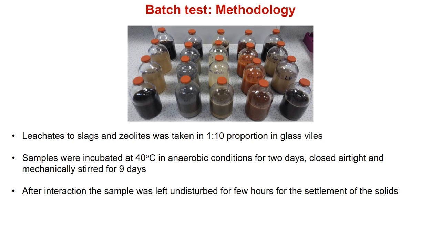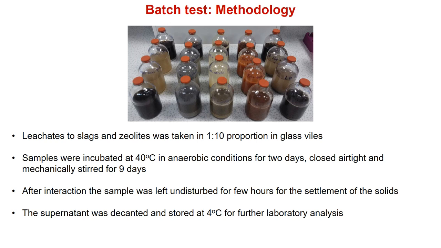After the interaction, the samples were left undisturbed for a few hours so that the settlement of solids takes place. The supernatant was further decanted and stored at 4 degrees Celsius for further laboratory analysis. You can see the picture of glass vials which had leachate plus slags and leachate plus zeolites in the proportion 1:10.